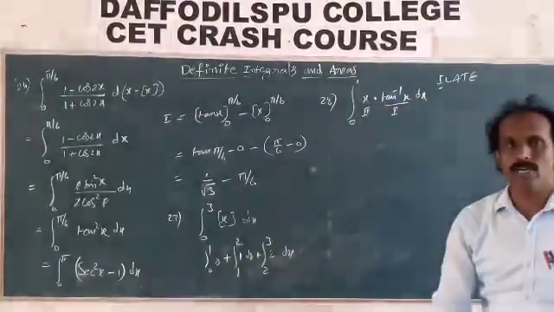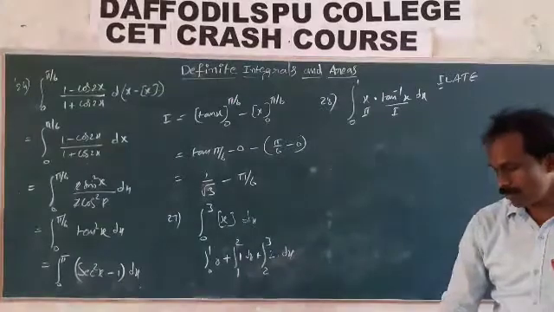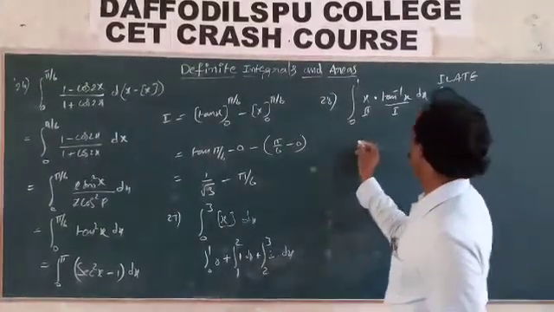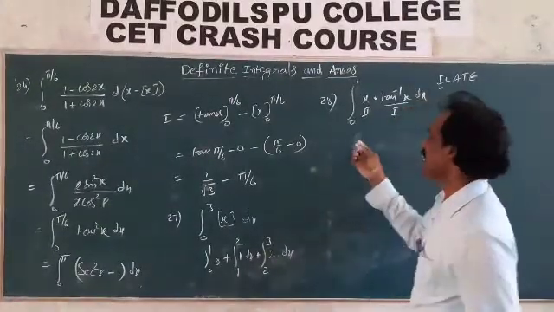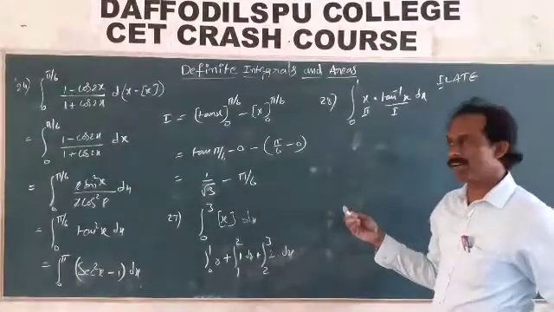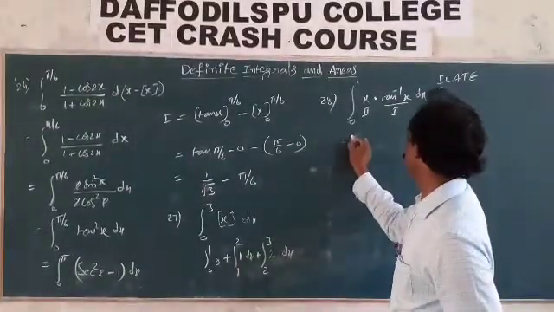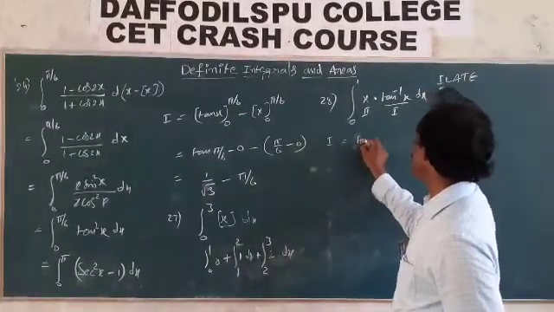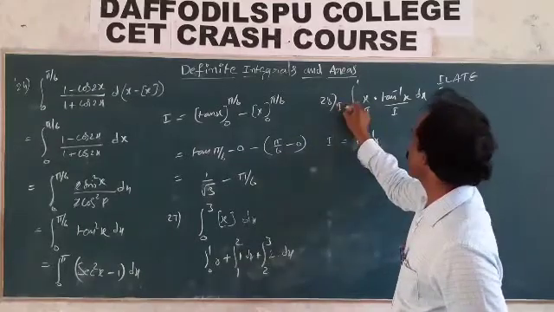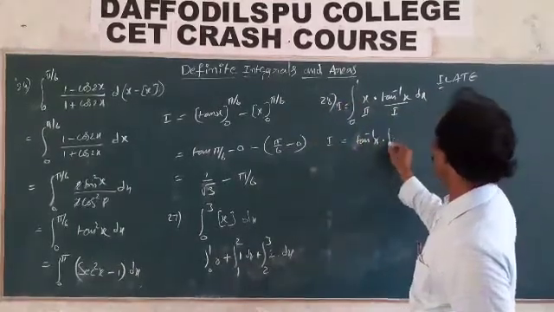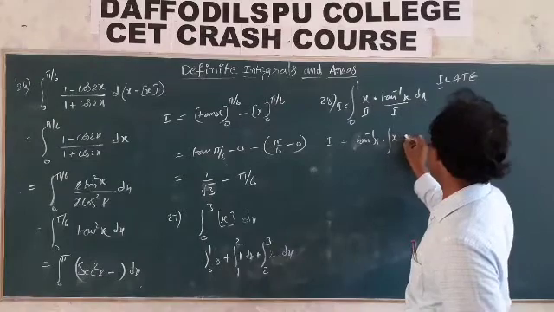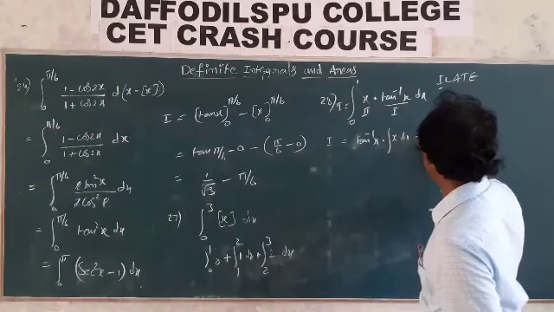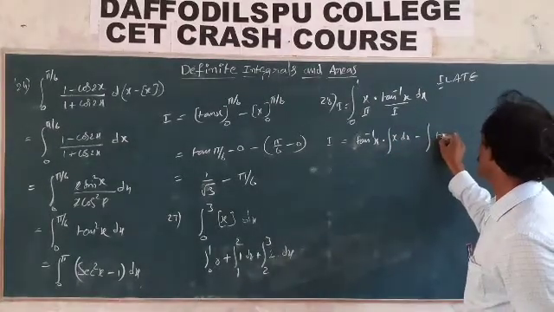Inverse function first. What is the formula? Already explained. It is the integration of the first function times the second function, minus the integration of the derivative of the first function. So I is directly tan inverse x integration.